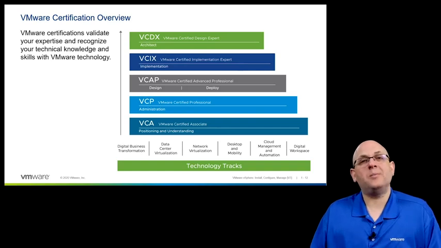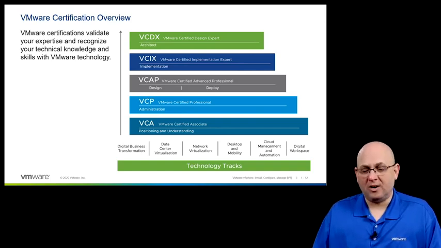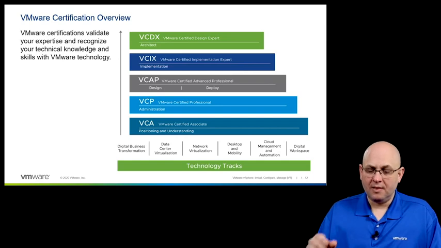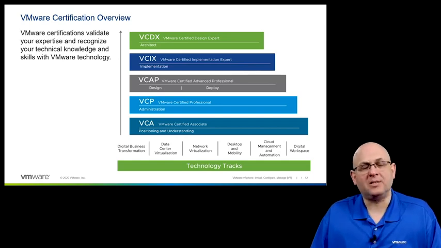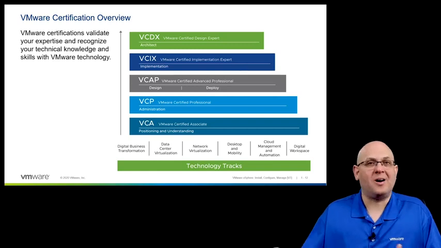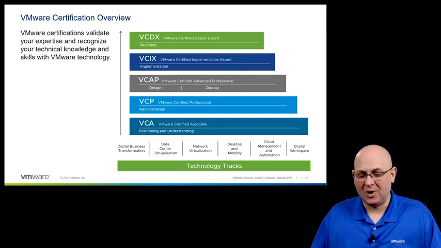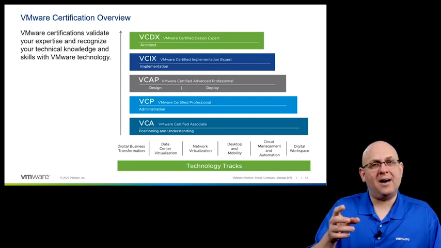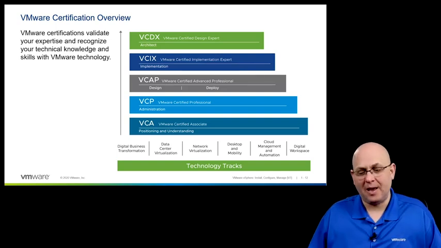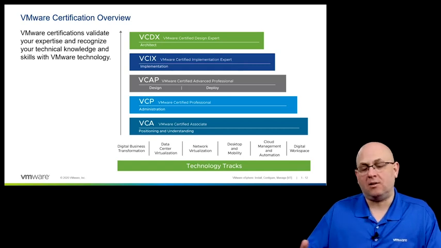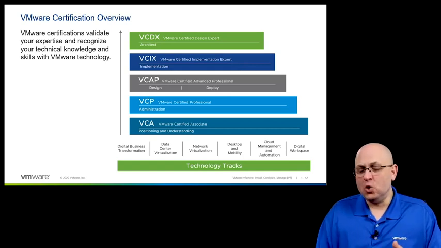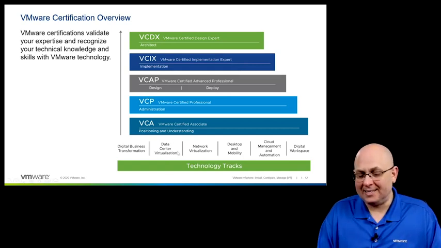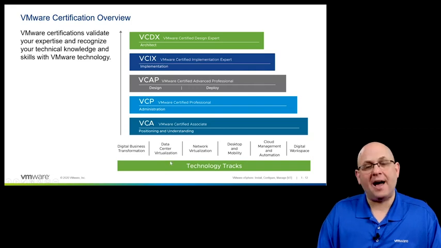Now, if you want to become a VMware Certified Professional, the VMware certification website is a really good place to start: certification.vmware.com or vmware.com/certification as well. Know that as we have different types of products at VMware, we have different tracks along that certification. You happen to be here in the data center virtualization track.